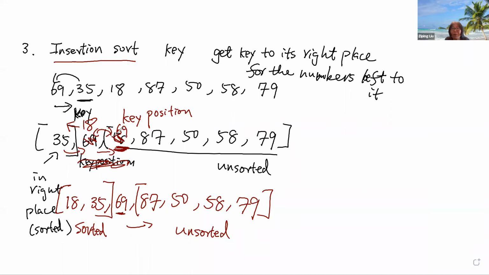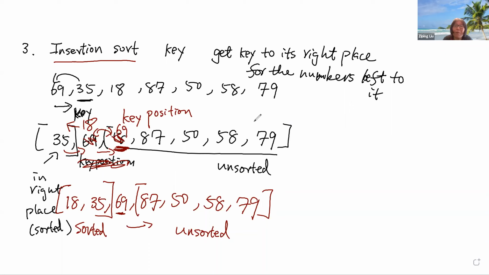But for insertion sort, you can see it involves a lot of comparing and shifting, and it's kind of slow. Each time you shift by one and keep shifting by one. There is another kind of sorting based on insertion sort that tries to move faster.